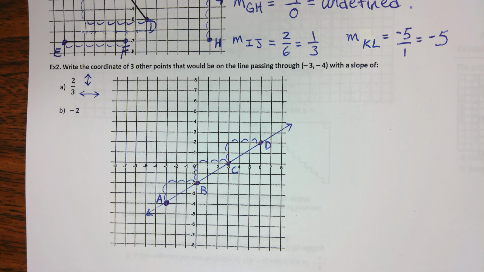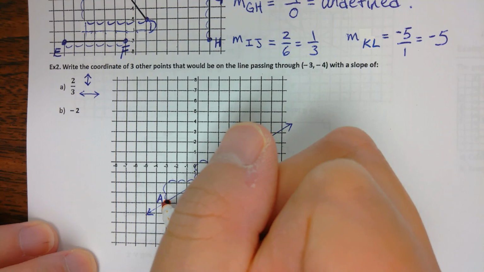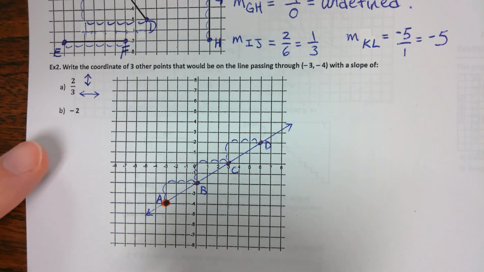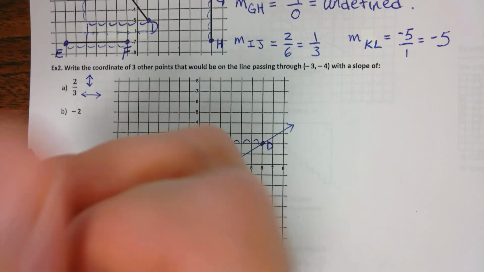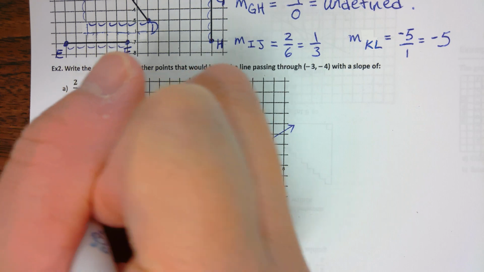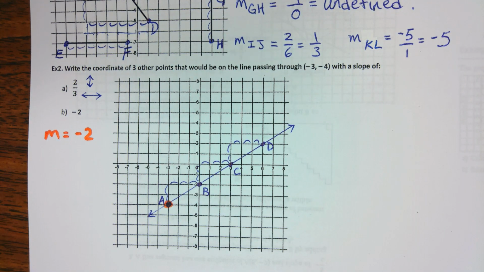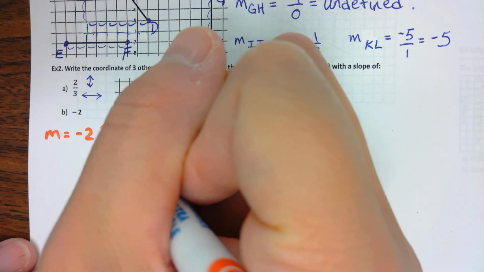Okay. And then for my second line, same thing from A right here. I have a slope of -2. What's my rise? What's my run for a slope of -2? Rise is -2 and run is 1.